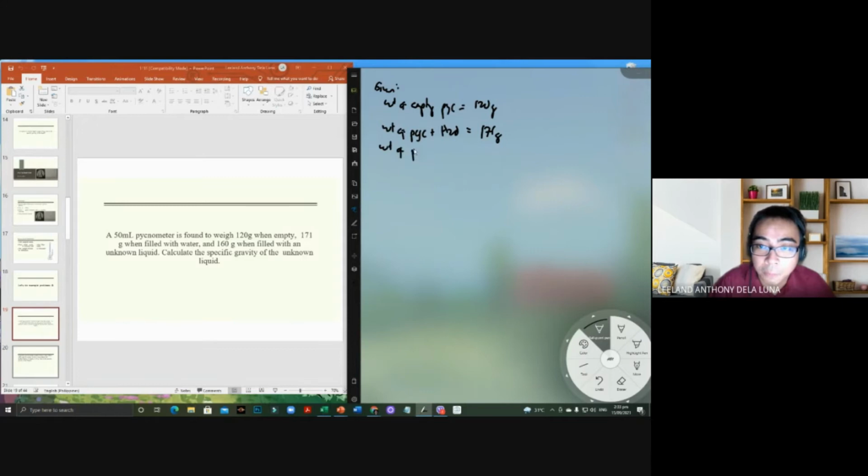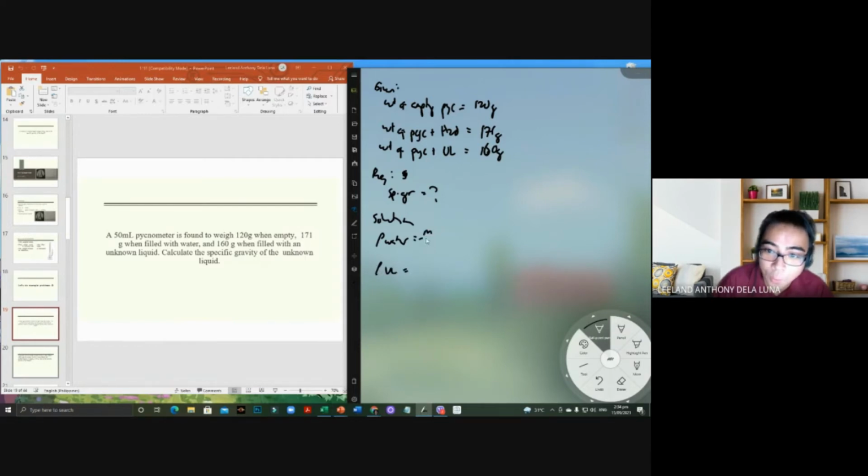Weight of PYC plus UL, unknown liquid, ito is UL na lang, is 160 grams. Okay, ang required sa atin would be specific gravity of the unknown. So solution: density of water, density of unknown liquid.